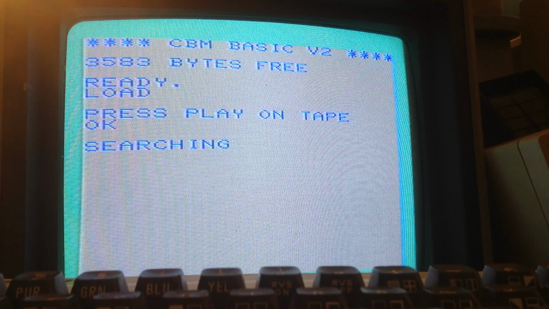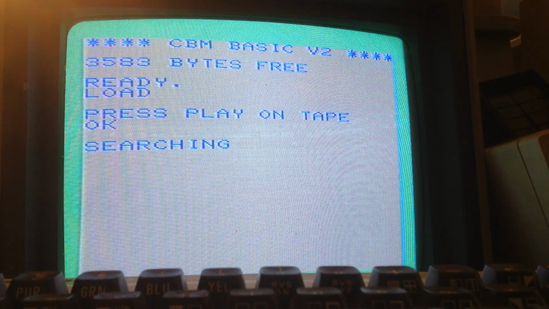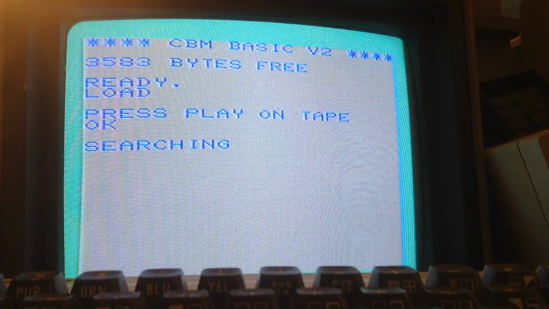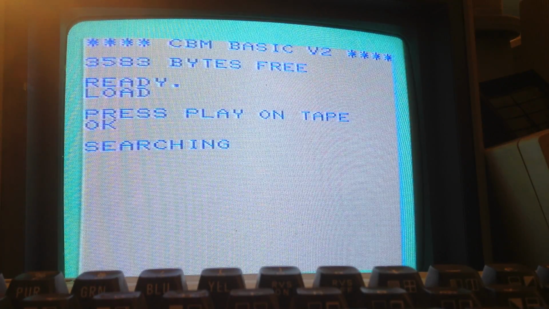It's always nice to think that the relics you have saved are actually working. But they are in good shape and would make an excellent display piece for a computer museum.